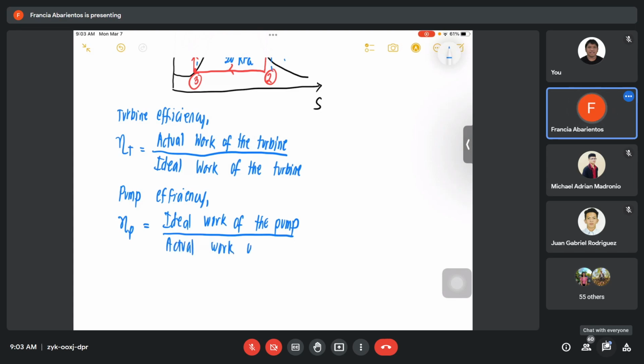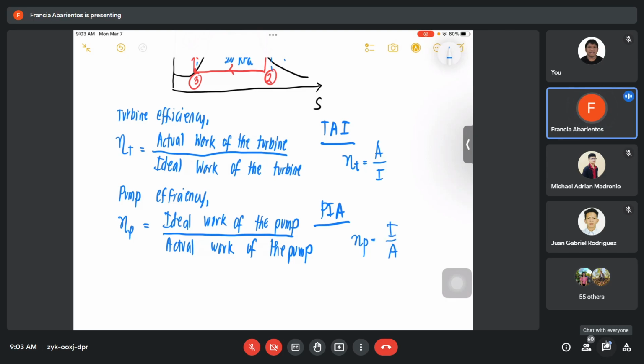Yan. So, minsan kasi ginagawan ko to ng acronym. This is TI and this is PIA. Okay? Turbine efficiency, actual over the ideal, and the pump work, ideal over the actual.